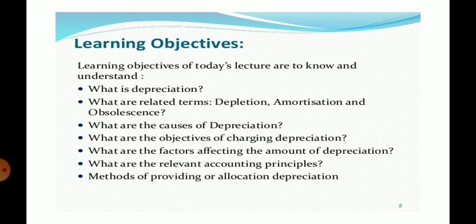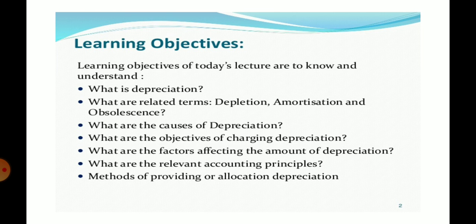Learning objectives are: what is depreciation? Related terms, that is depletion, amortization and obsolescence. Causes of depreciation, objective of charging depreciation, factors affecting depreciation, relevant accounting principles and methods of allocation of depreciation.